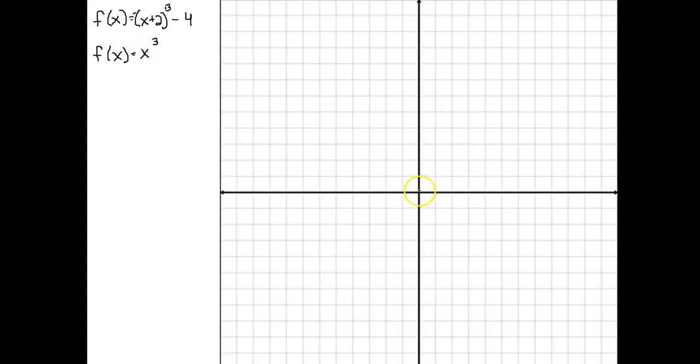The original function is f of x equals x cubed. Okay, so there's our original function.